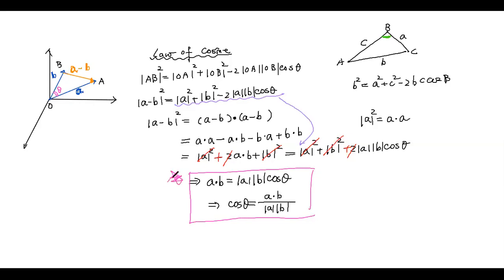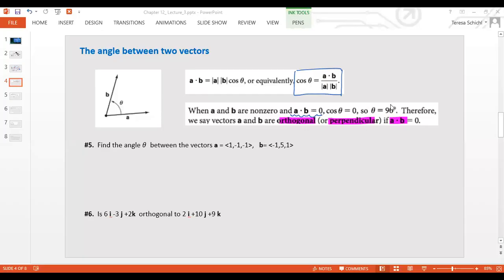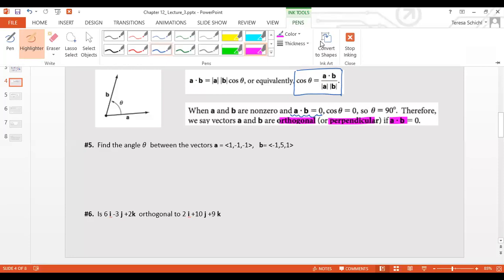With this formula you can find the angle between two vectors. And if the angle is 90 degrees, then the dot product is equal to zero. Okay, so now let's go back to our worksheets and continue here. Make sure you know this, it's a very important idea.